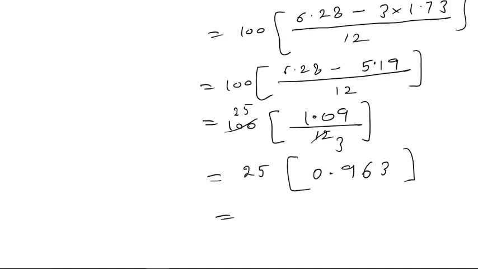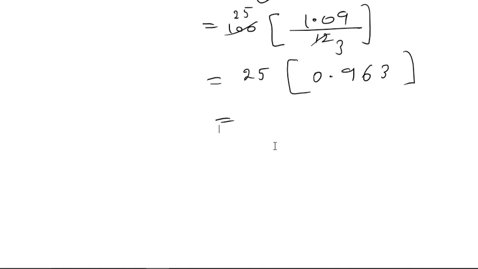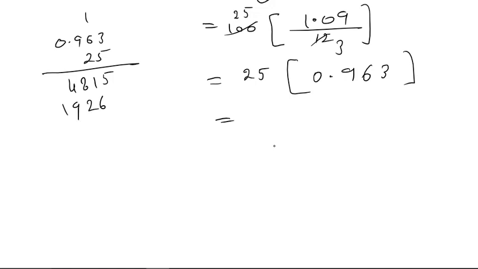Okay, you can do it that way, or just simply multiply this 0.963 by 25. This is also not too difficult. 5 3s are 15, 5 6s are 30, 31, 5 9s are 45, 45 plus 3 is 48, and then 2 3s are 6, 2 6s are 12, 2 9s are 18, 19.